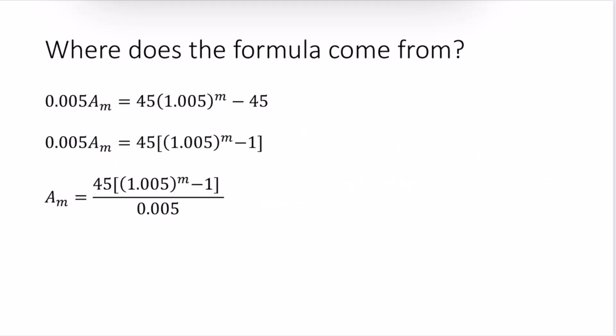And if we take that equation, we can notice that there's a 45 in both of these terms. So we could factor the 45 out, and that gives us this expression inside of parentheses. And then to get this variable by itself, we could divide both sides by this decimal, which tells us that the amount of money at the end of month m is going to be this expression here.